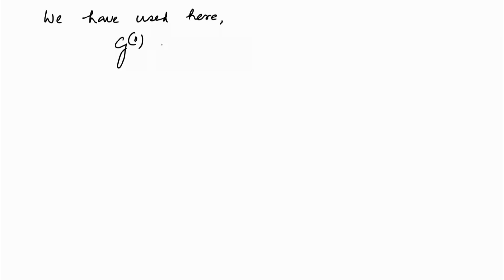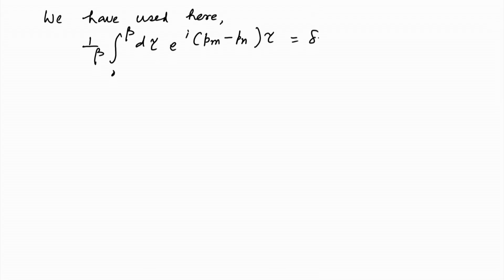g 0. We have used 1 over beta integral from 0 to beta d tau exponential i omega m minus omega n tau equal to delta m n, and integral d tau exponential i omega m tau delta tau, which is equal to 1.